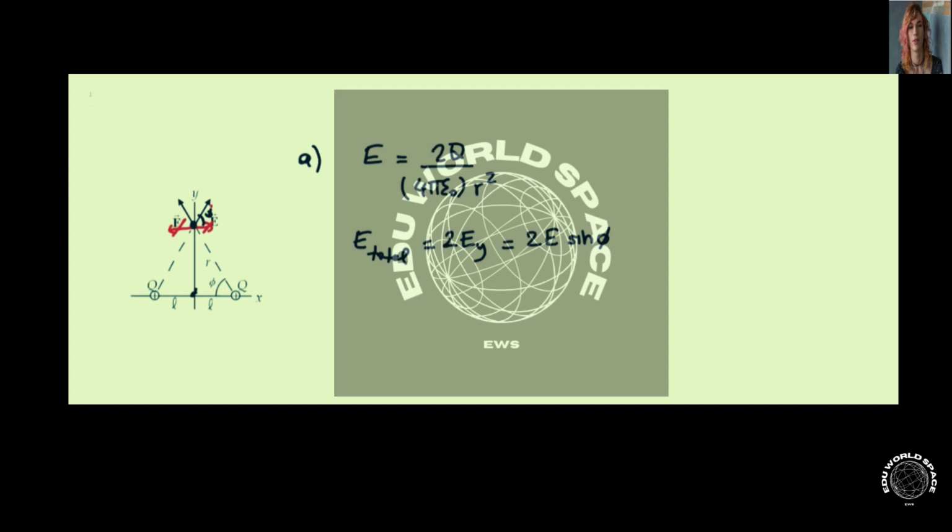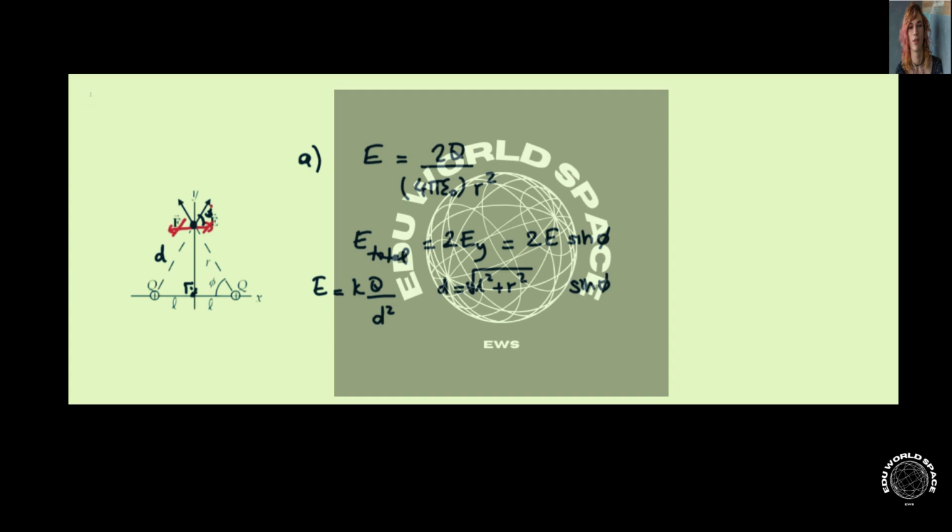Now, what is the electric field? The magnitude of the electric field coming from a single charge is kq over, let's call this distance d, d squared. As you can see, d is the hypotenuse of this right triangle, where d is the square root of l squared plus r squared, correct?